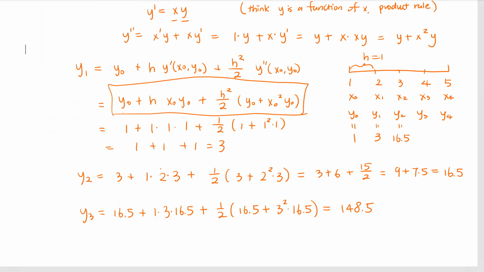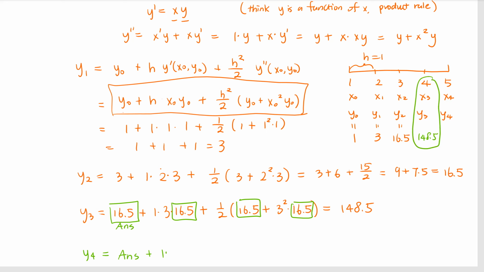And let me mark it down here. When you type in your calculator this number, you type in answer. So what is the good thing about it? Because now y4 is answer plus 1 times, well, here this is 148.5, but your x is going to change.